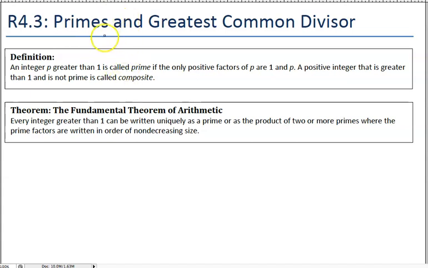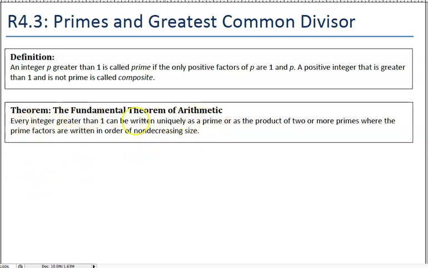In this section we're going to learn about prime numbers, prime factorization, the greatest common divisor, the lowest common multiple, and how things are connected in this new language that we're learning with divisibility, mods and congruences.